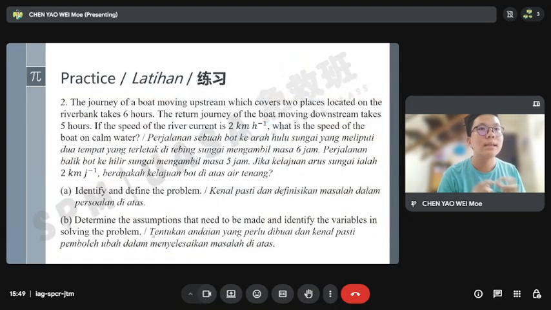We give you a situation and you need to identify and define the problem, determine the assumptions that need to be made, and identify the variables in solving the problem. For your information, any assumption and any variables can be acceptable if they are sensible and relevant.